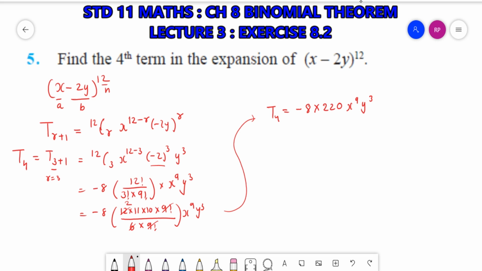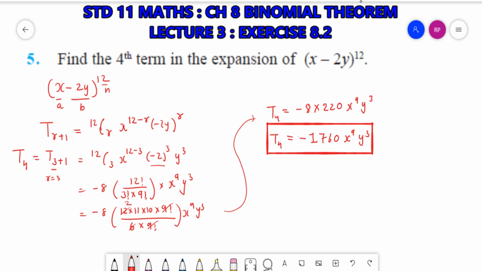So minus 8 into 220, we will get minus 1760 x raised to 9 y raised to 3. This is our fourth term.